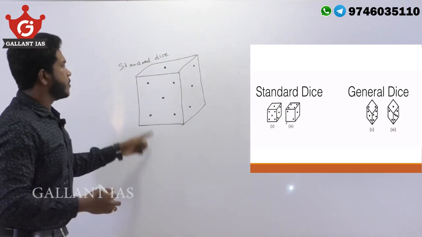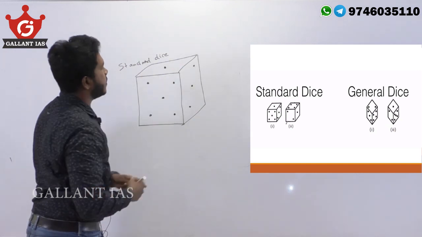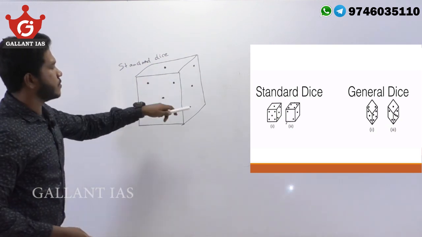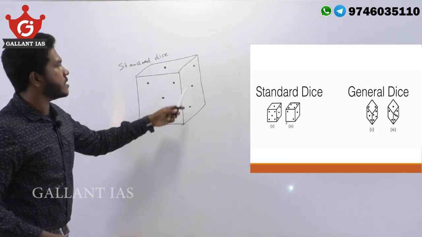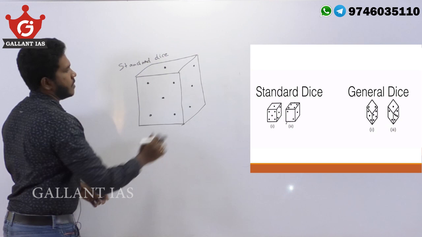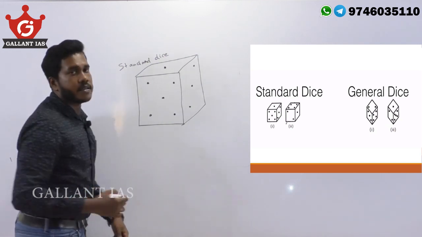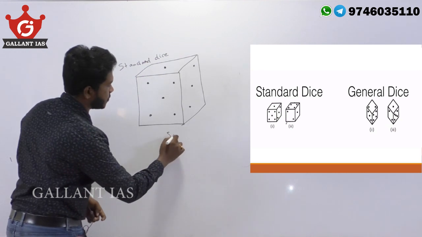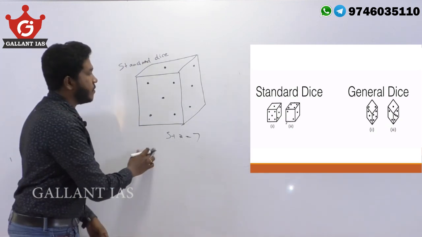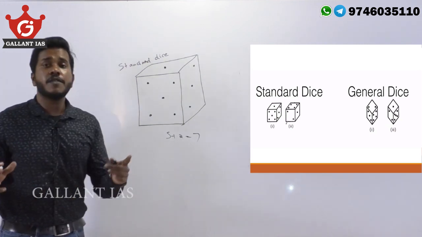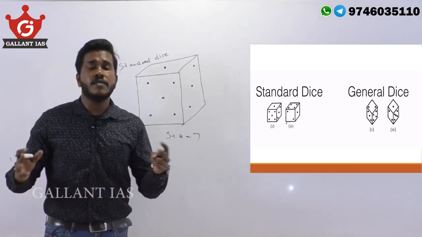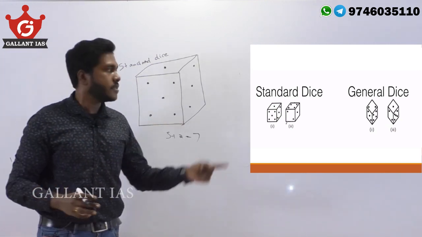Here you can see the value of the first dice. The value of the topmost face is 1 and next to it is 2. There are two adjacent faces, and in the second adjacent face its value is 3 and here it is 5. So the value of the face opposite to the face which has value 5 will be what? It will be 2. That is, 5 plus 2 gives 7. So it's a standard dice. The sum of the values of two opposite sides of a dice will give 7.